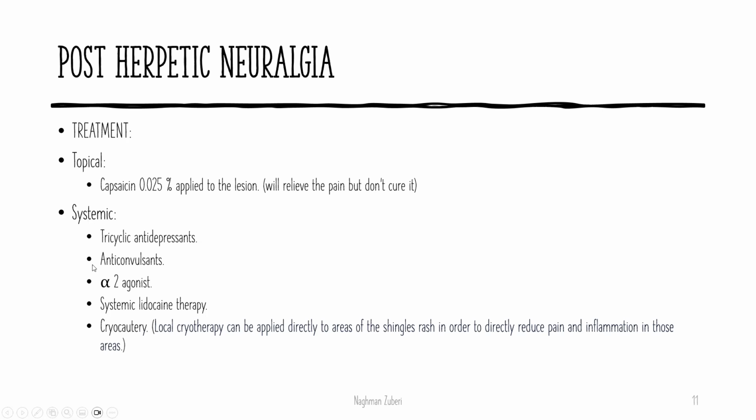Systemically, various medicines have been used, like tricyclic antidepressants, anticonvulsants, and alpha-2 agonists. Systemic lidocaine therapy was also tried, and then cryocautery of that area. Local cryotherapy can be applied directly to the areas of the shingles rash in order to directly reduce the pain and inflammation in those areas.